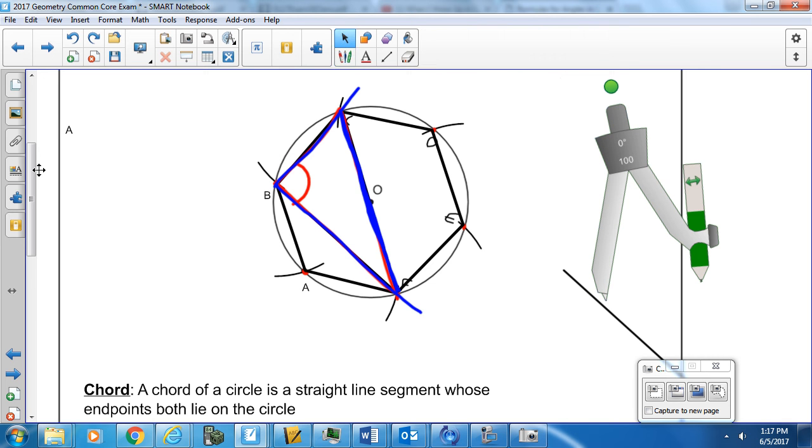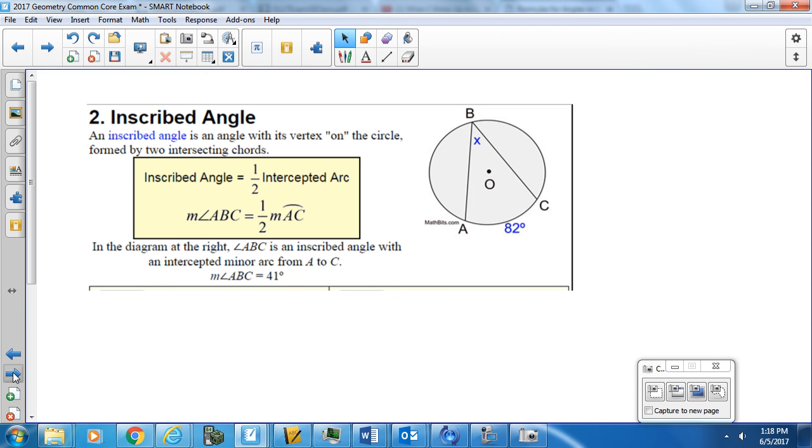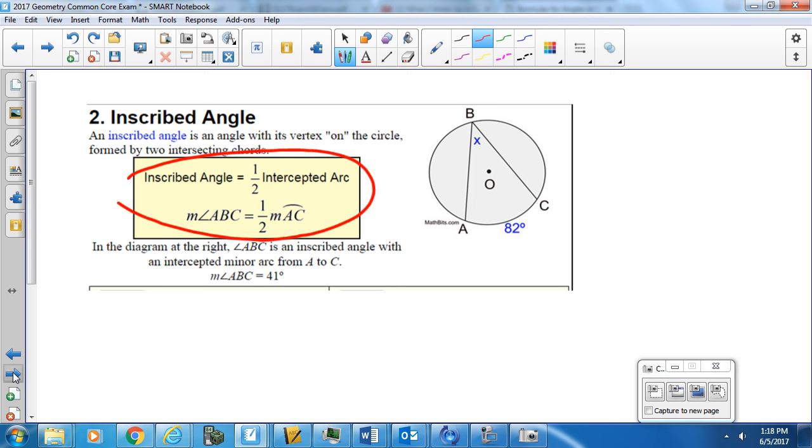And what you're left with on this side, this arc, is half the circle. So there is a little theorem that we're going to look at. Now right here, I want you to look at this. Here we have an inscribed angle. And I want you to focus on this right here. It says the inscribed angle is 1/2 of the intercepted arc.